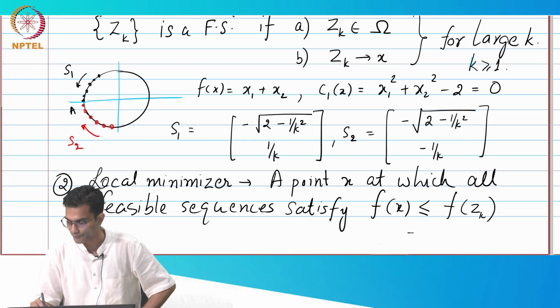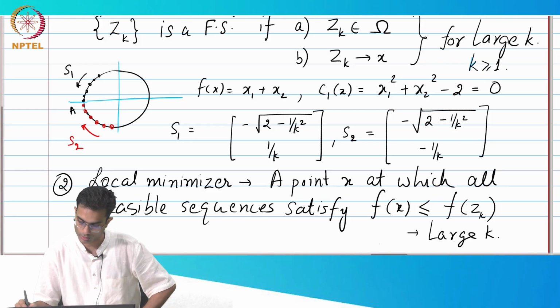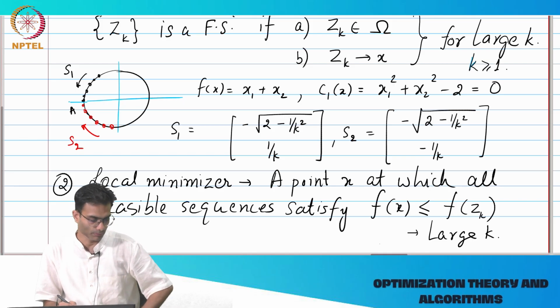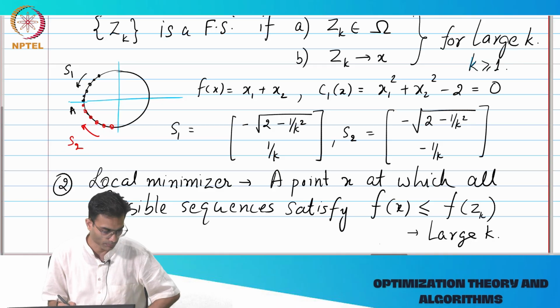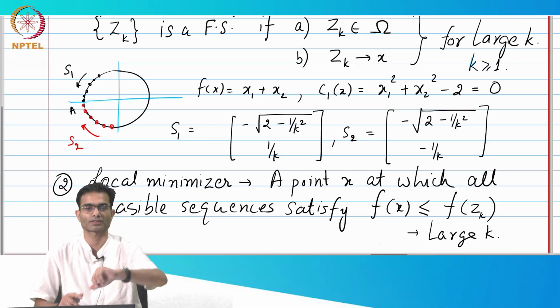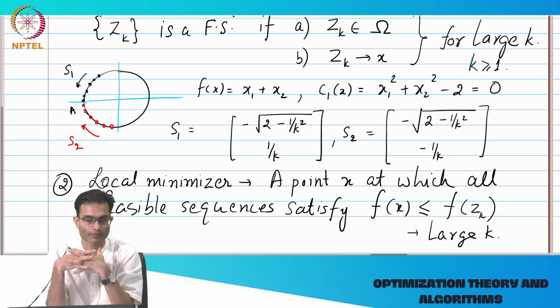Again, we are going to make this statement for large k. Based on these two simple concepts, a feasible sequence and a local minimizer, can we conclude that the point A is not a local minimizer?